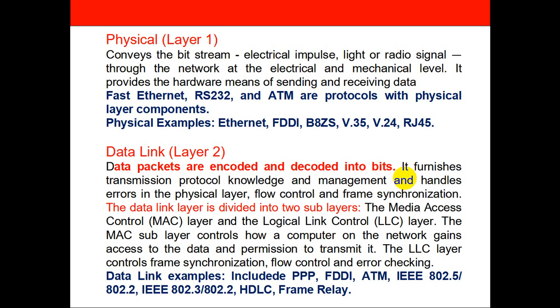It provides the hardware means of sending and receiving data. Fast Ethernet, RS-232 and ATM are protocols with a physical layer component. Examples of the physical layer are Ethernet, FDDI, and fiber distributed data interface.